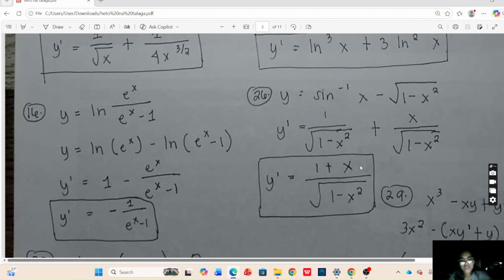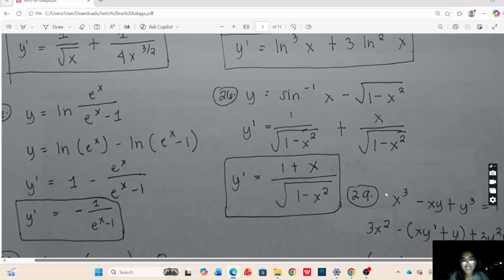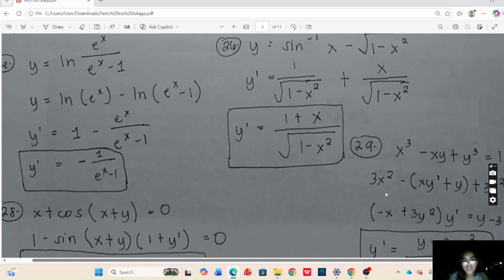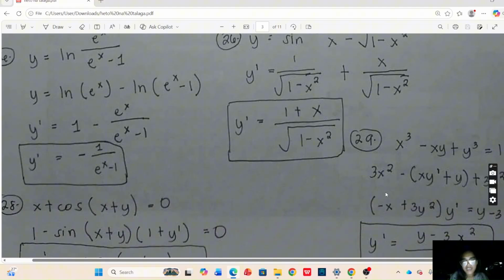So the derivative is 1 divided by the square root of 1 minus x squared. So now differentiate the square root of 1 minus x squared using the chain rule and simplify. So that's why we will obtain the answer y prime is equal to 1 plus x over the square root of 1 minus x squared.